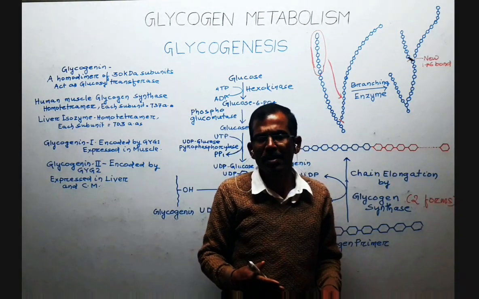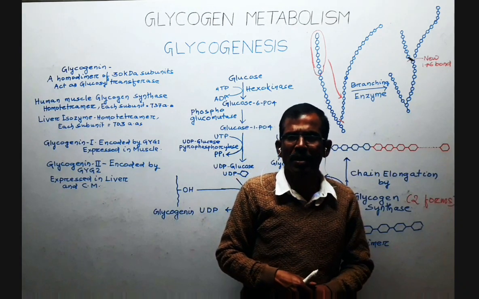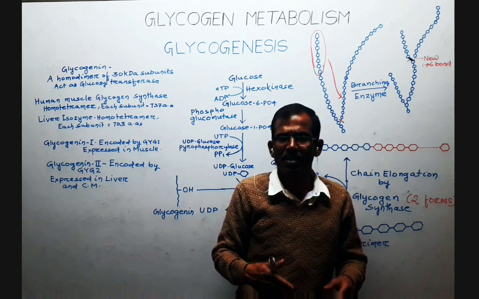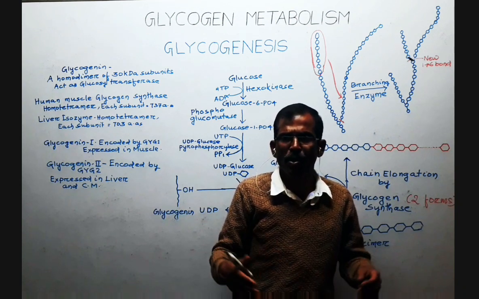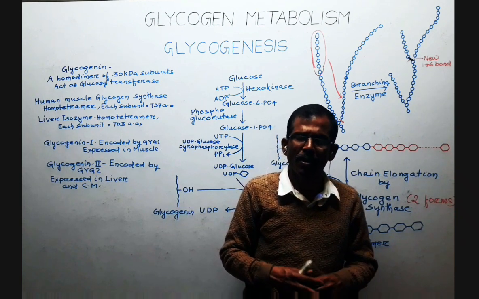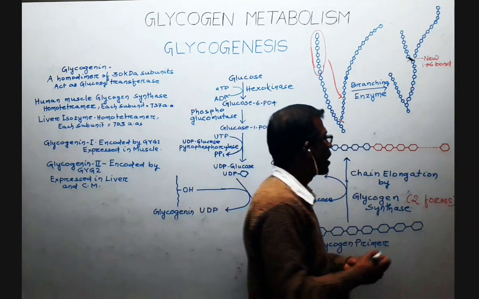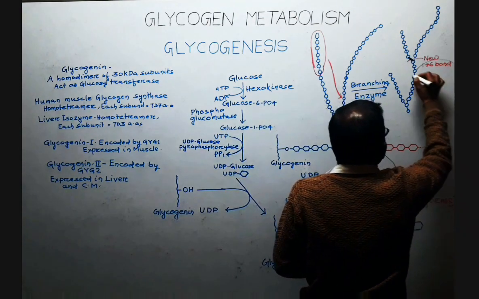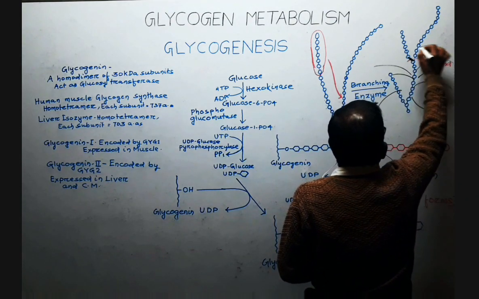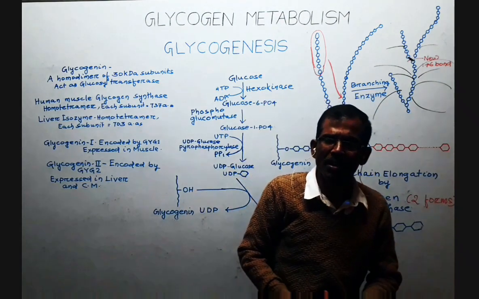So the enzyme glycogen synthase extends the glucan chain, and at the same time the branching enzyme establishes several branch points. So by the combined activity of glycogen synthase and the branching enzyme, at last a highly branched glycogen molecule is generated. So friends, this is all about glycogen synthesis.